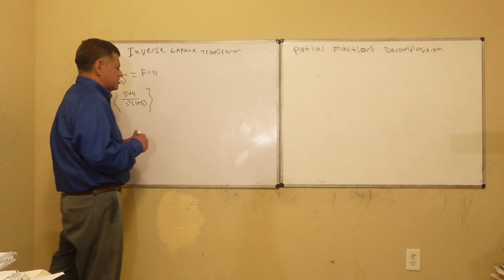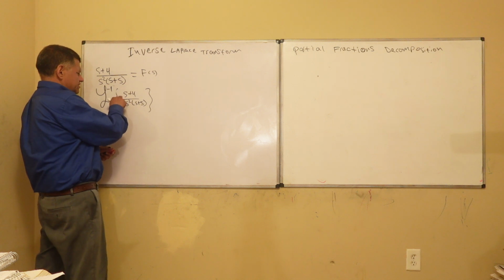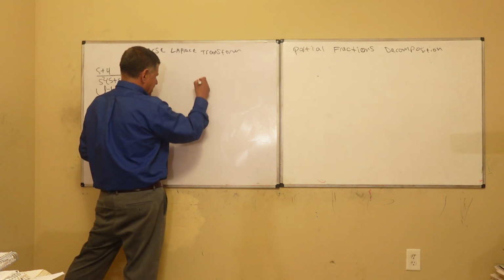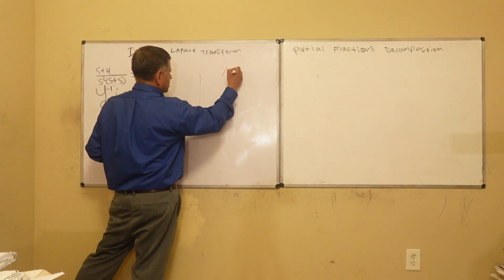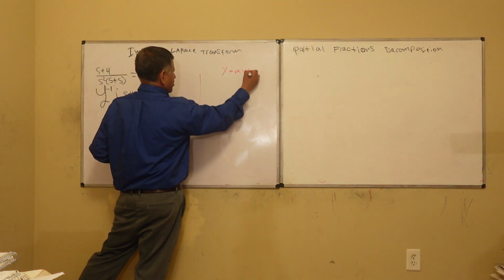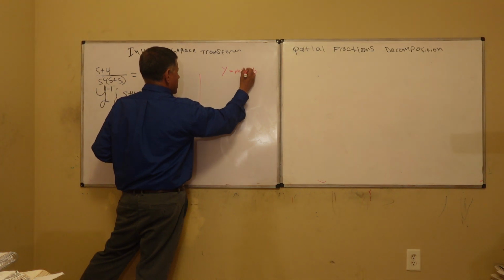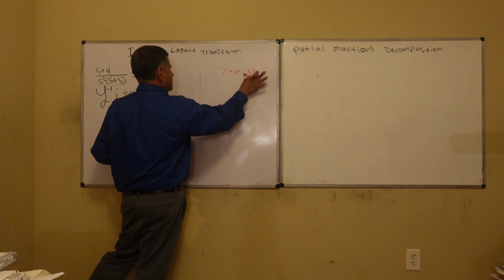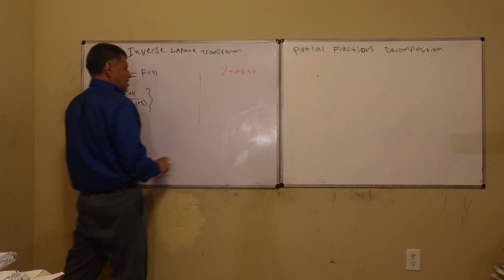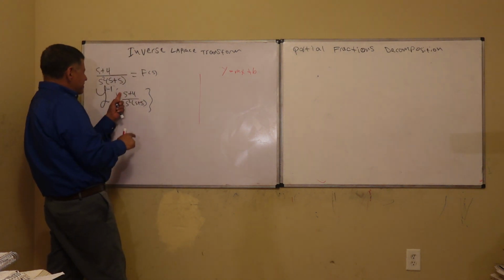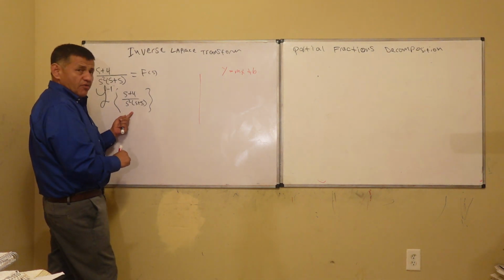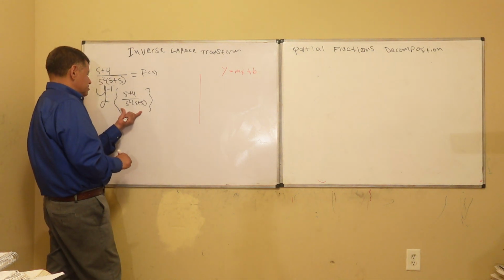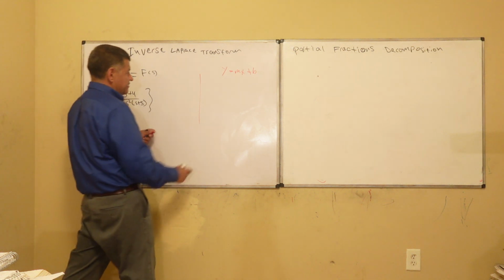A linear function is something that has a slope, in the form y equals mx plus b. On the top it's linear because I don't have an exponential. On the bottom, however, I have something higher order.